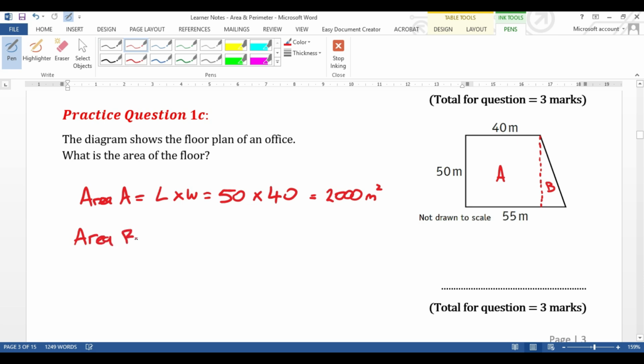For area B, because it's a triangle, I'm going to need base times height divided by 2. So I'm going to need this little bit here for the base, which is 55, the whole length, take away 40, which leaves me with 15 meters here.